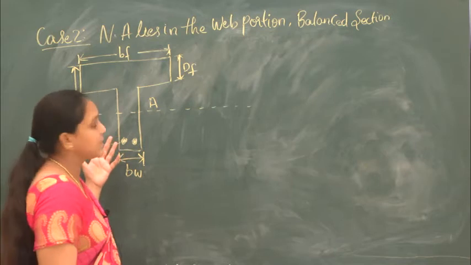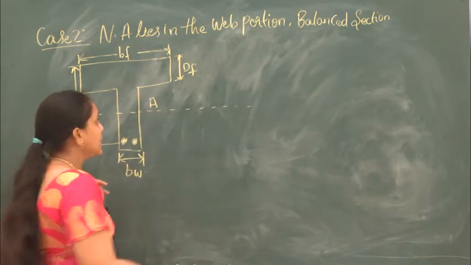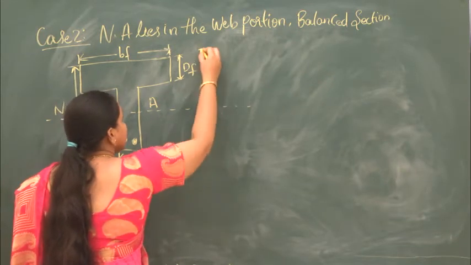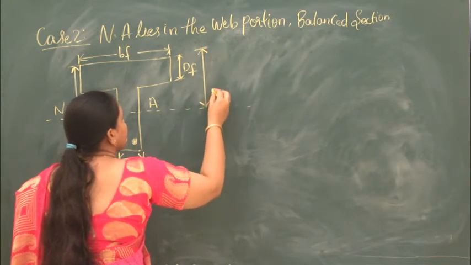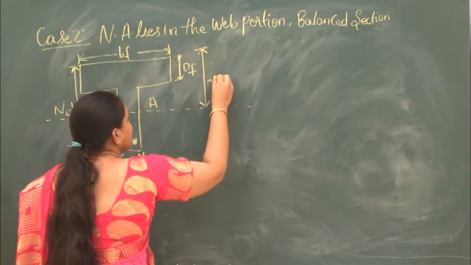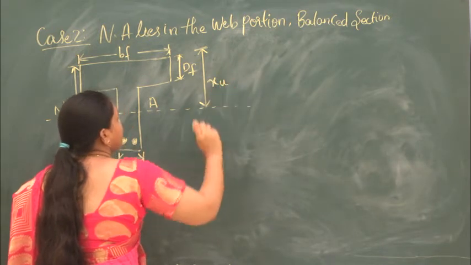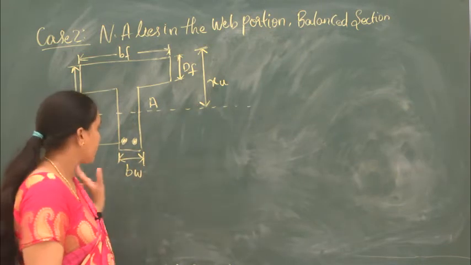So what is the distance from the topmost compression fiber to the neutral axis? That is called the neutral axis depth, and it is denoted by XU.